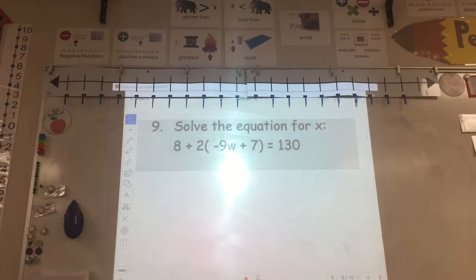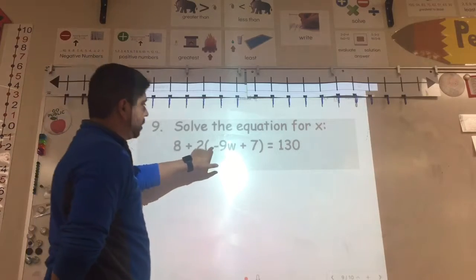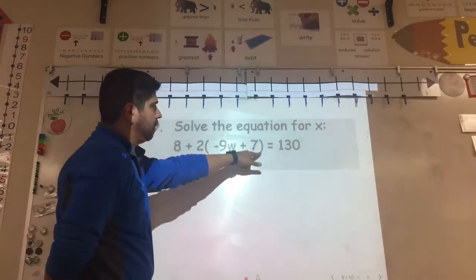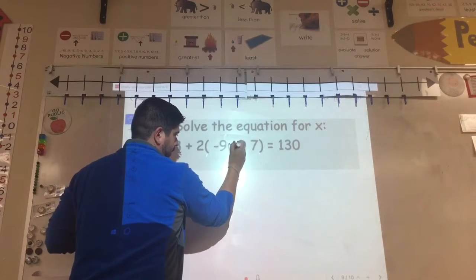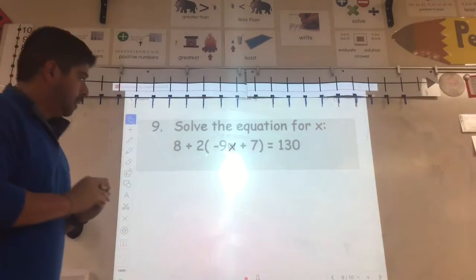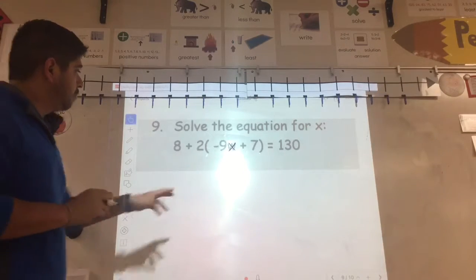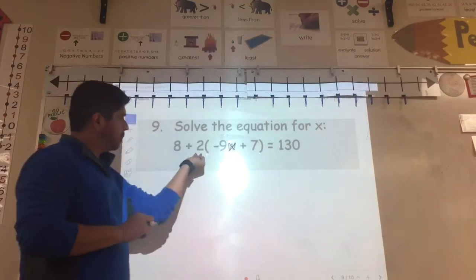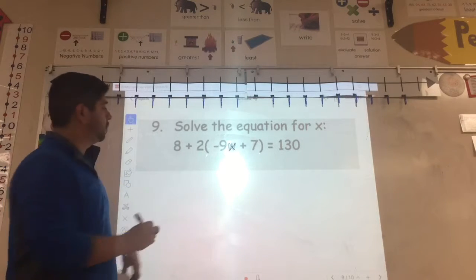Okay, so number 9, solving the equation for x. So we have 8 plus 2 times the parentheses of negative 9w plus 7. We're solving for x. This w, if you want to make it x, go ahead and make it x. If you did it for w, that's fine too. So we have parentheses here, and we have a number outside. So we have to multiply everything inside of here times this positive 2.